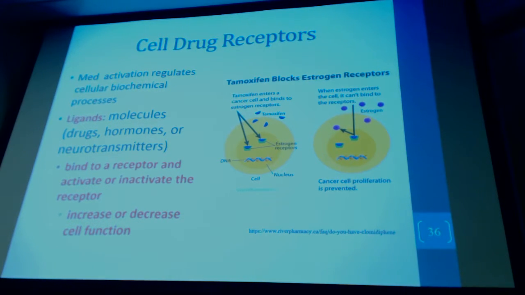So I've given you an example here of tamoxifen. If a woman has breast cancer or a man has breast cancer, we are going to see if their tumor is estrogen receptive, meaning in the presence of estrogen, it causes that tumor cell to grow. Now, men also produce estrogen just like women, but in a lower amount. Just like women produce testosterone like men, but in a lower amount. So breast cancer affects both men and women.